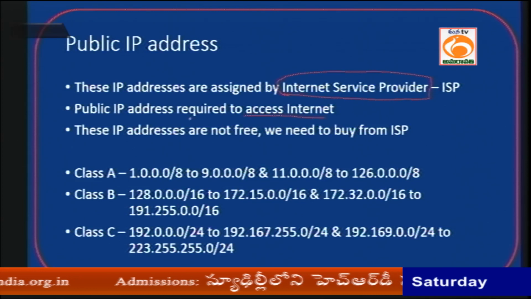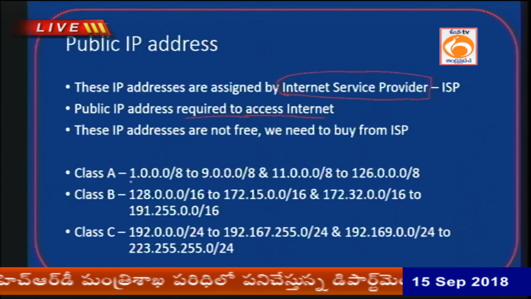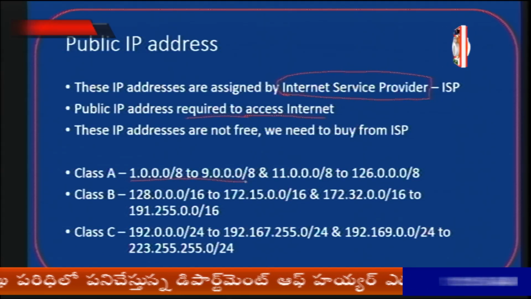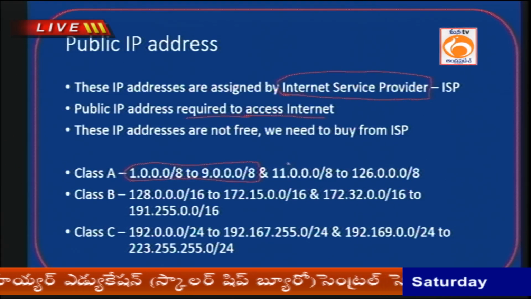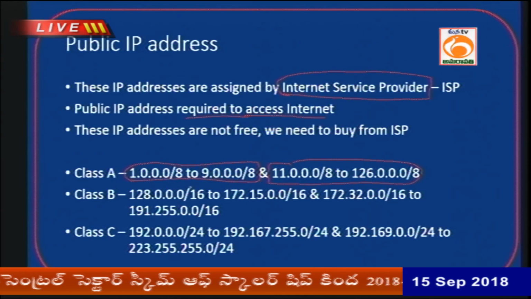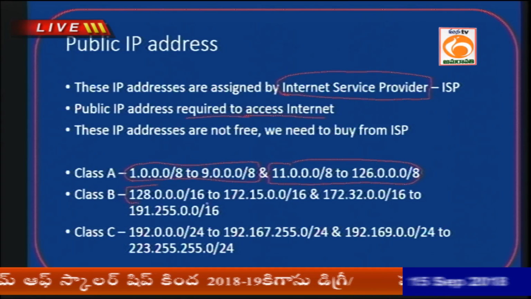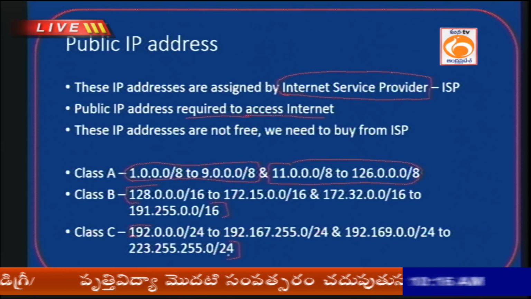It is mandatory to have a public IP address to access the internet. By excluding those private IP addresses, the rest of them are all public IP addresses. So we can see by excluding 10, the rest of them belong to the public range. This is the scope for each class and the public IP addresses allocated by the ISPs.